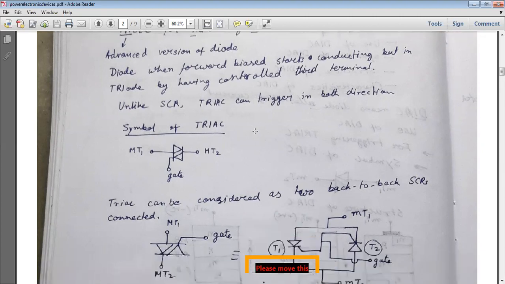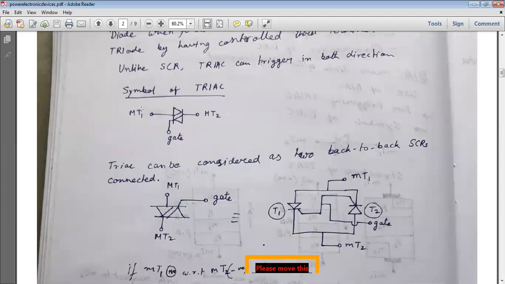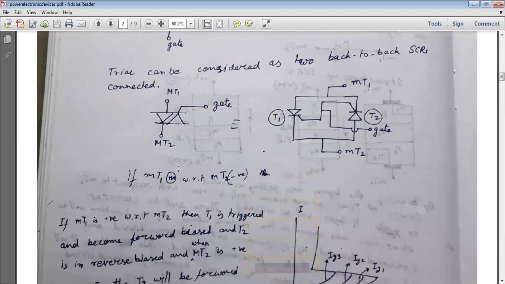So unlike an SCR, a triac can trigger in both directions. This is the symbol of the triac. MT1, MT2 similarly like the diac, and one extra terminal is there, that is the gate terminal. A triac can be considered as two back-to-back SCRs connected.